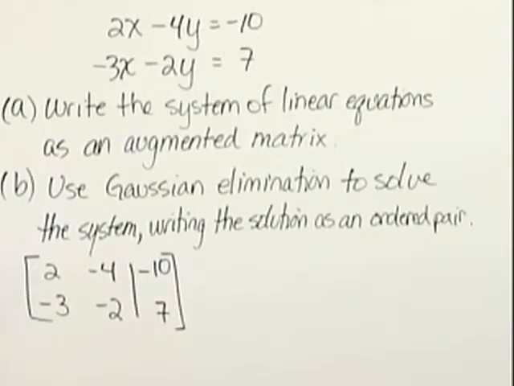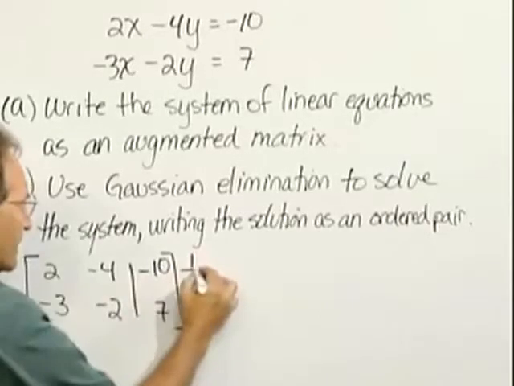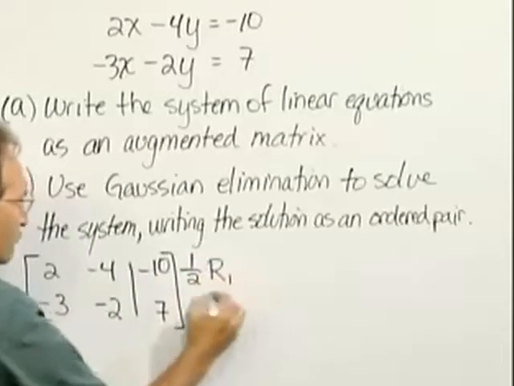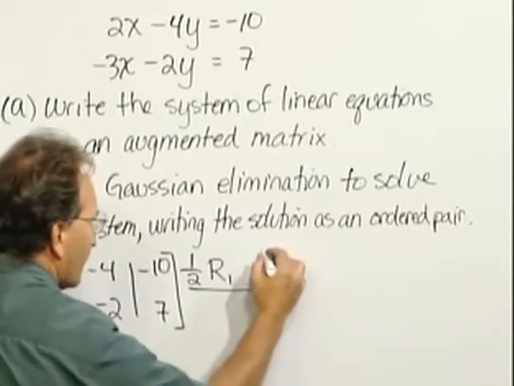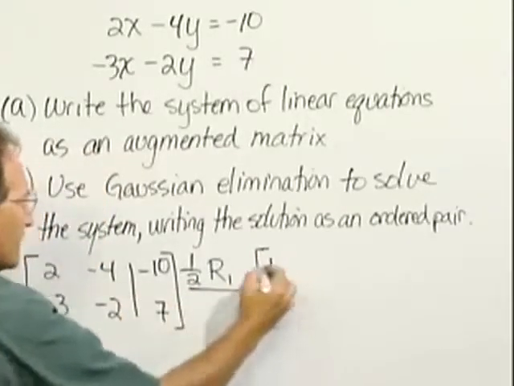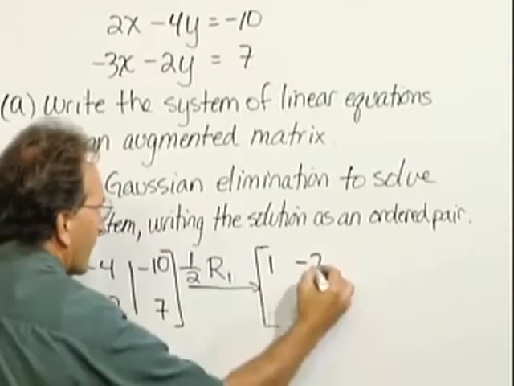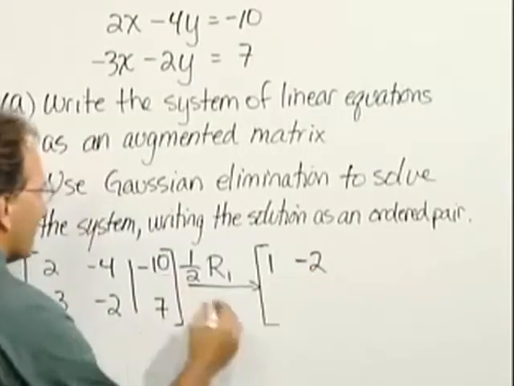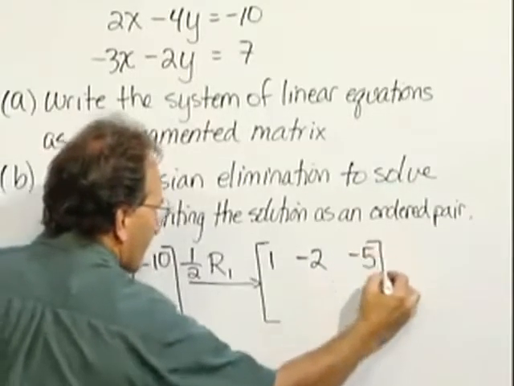So the first thing I'm going to do is multiply row 1 by 1/2. So what that would give me for row 1 would be half of 2 is 1, half of negative 4 is negative 2, and half of negative 10 is negative 5.